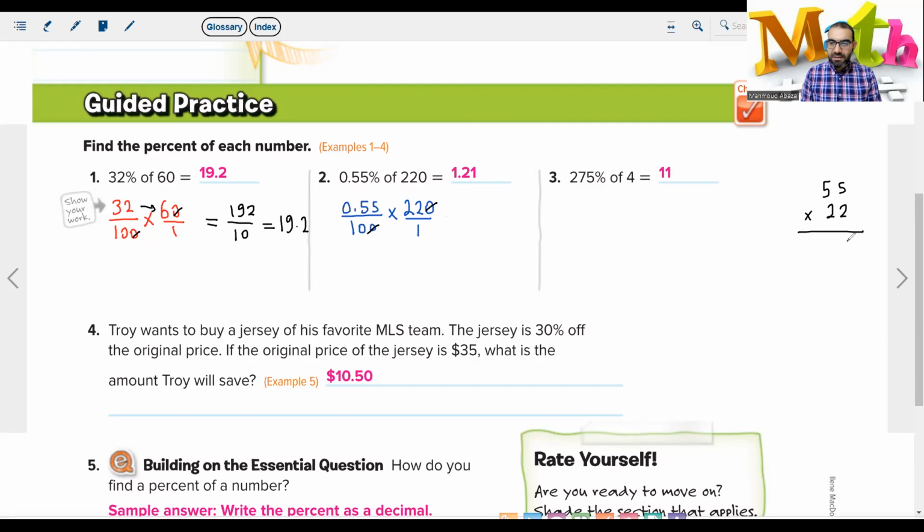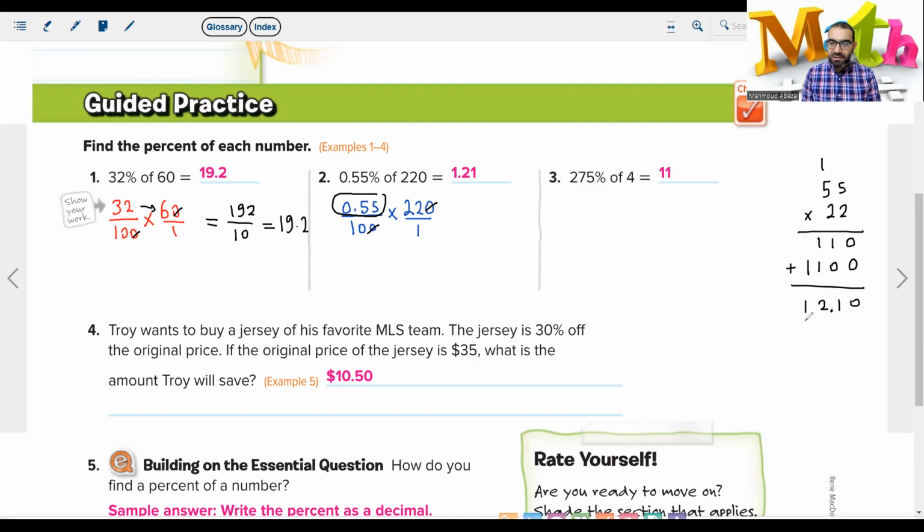2 times 5 is 10, 0 carry up 1. 2 times 5, another 10, and 1, 11. We move from the 1s to the 10s, so we have to put 0. The same, 2 times 5 gives you 10, 0 carry up 1, 2 by 5, 10, and 1, 11. Then we add. So 0, 1 plus 0, 1, 1210. But don't forget, it was 0.55, which means decimal point after 2 digits.